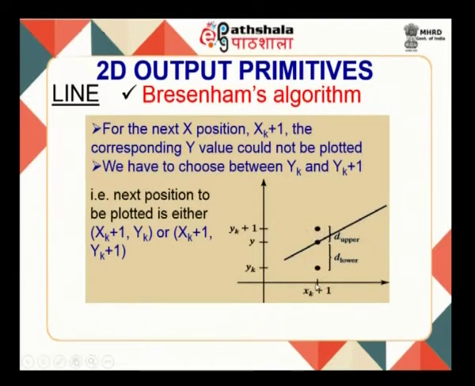That is the theory behind Bresenham's line drawing procedure, the whole idea and principle. For computing every next position on the line, we check whether the true theoretical position on the line is closer to either of the pixels.